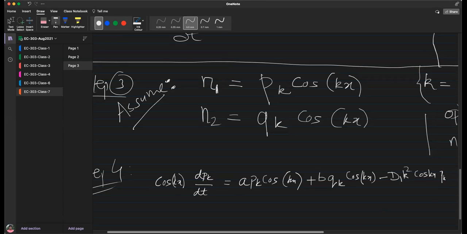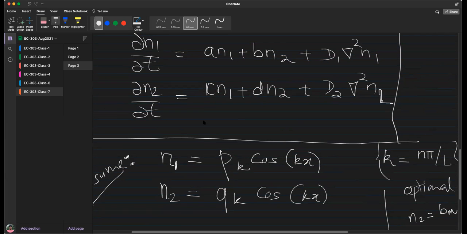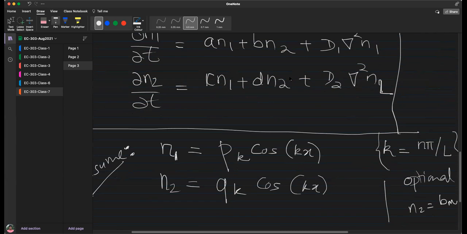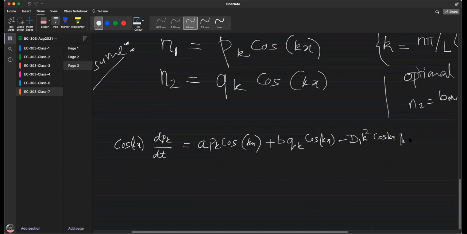Is that fine, everyone? This is the equation. So basically the dN1 by dt equation is now replaced by this equation. Is that fine, everyone?